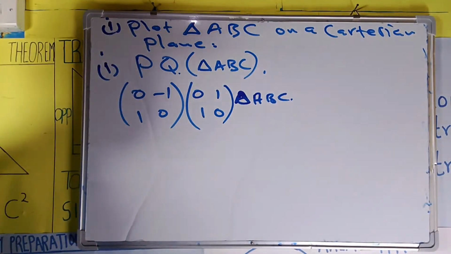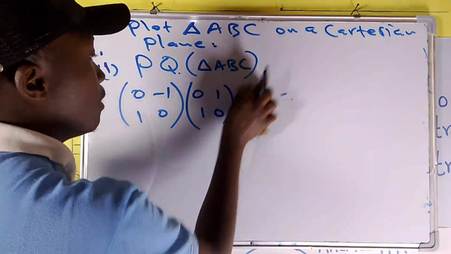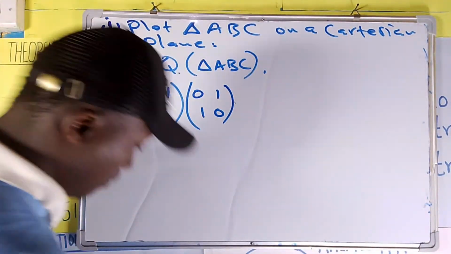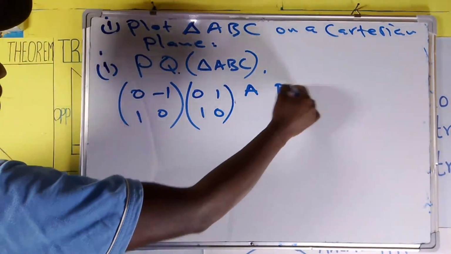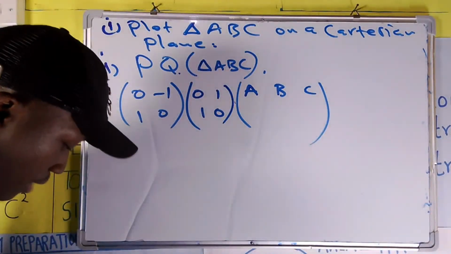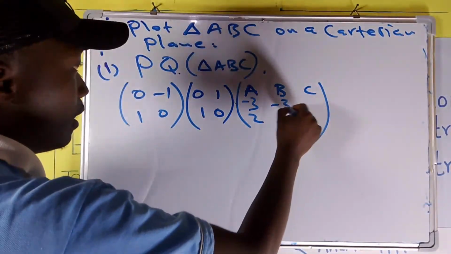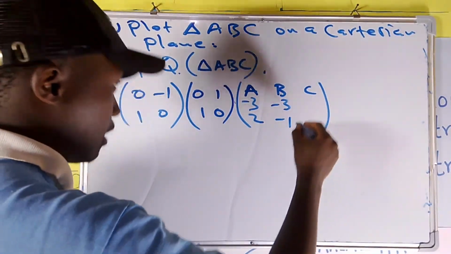And remember, our ABC is equivalent to (-3, 2), (-3, -1), and (-1, -1).